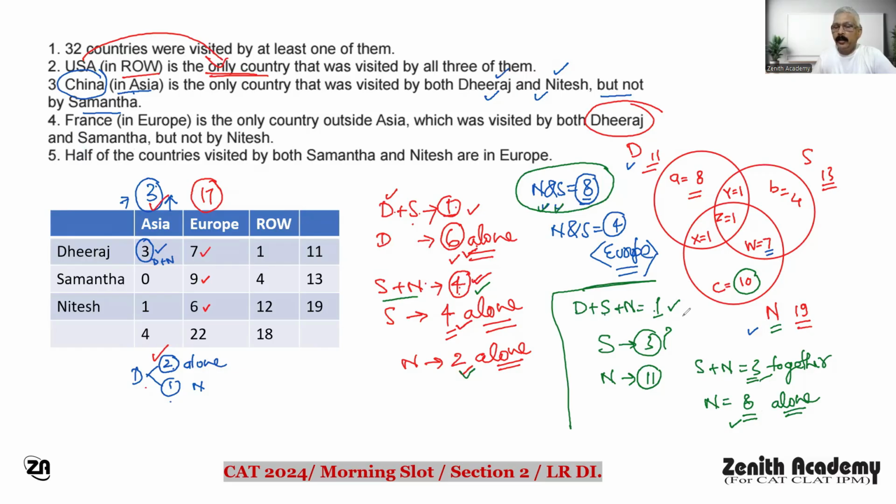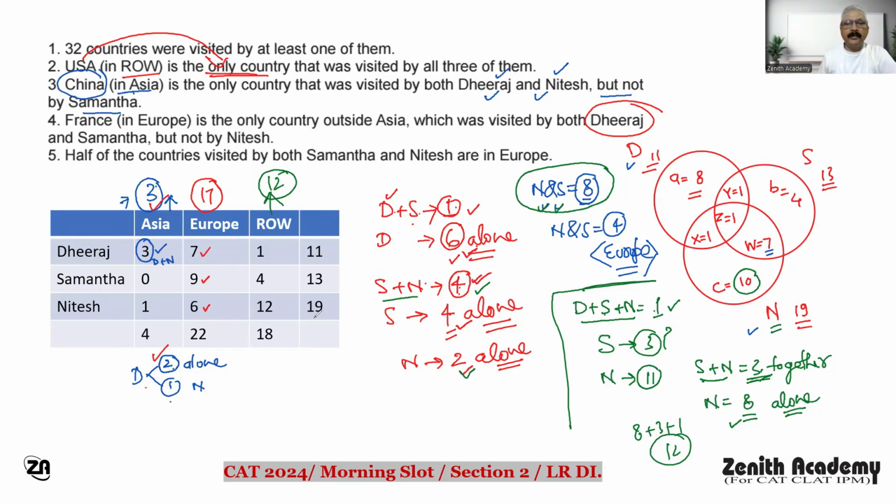One country in the rest of the world where all of them are going together. 3 countries where Samantha and Nitesh are going together. And 8 countries in the rest of the world where Nitesh is visiting alone. So the total number of countries in the rest of the world will be 8 plus 3 plus 1 is 12. So in the rest of the world, there are 12 countries.